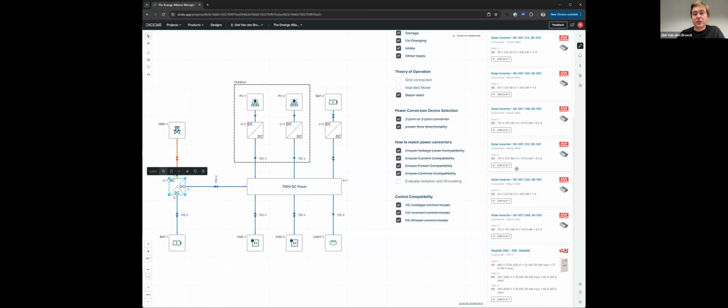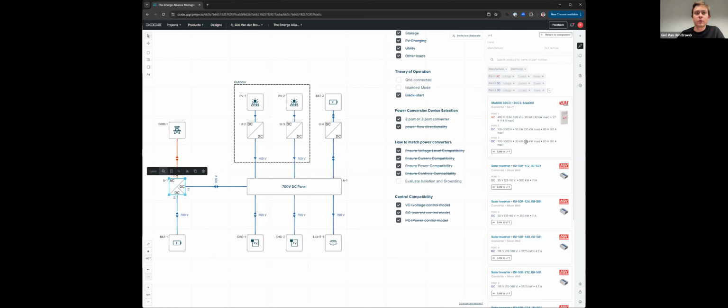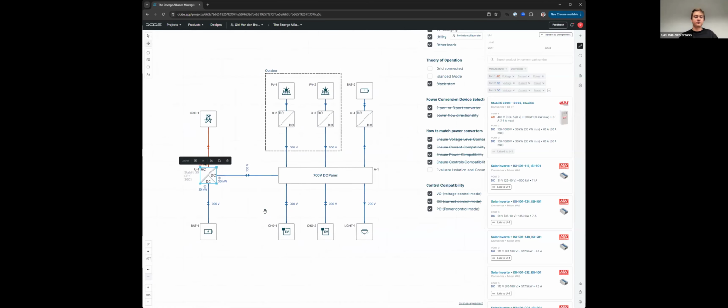You see the specifications of these components, the main ones that you're looking for, like the voltage and the power on all 3 ports of this power converter. You see the manufacturer, an image of the product, and the manufacturer logo as well. And then it becomes as easy as clicking a button to link this component to your design.